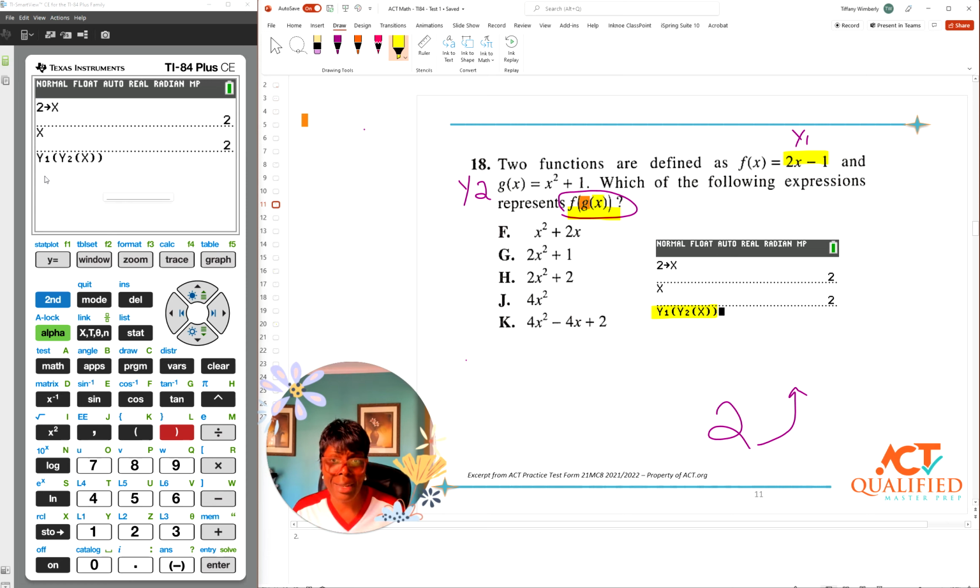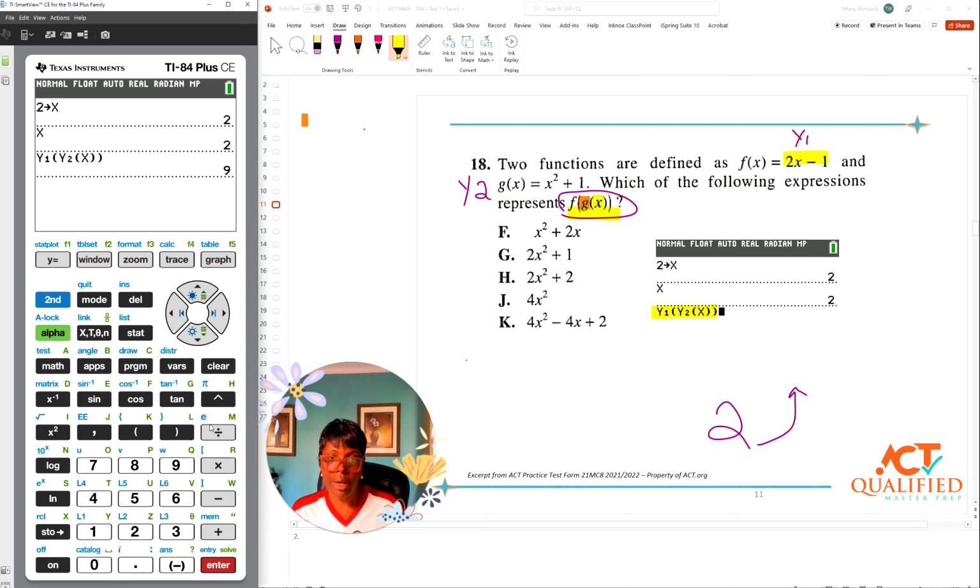So when I select enter here, I am going to get a value, which is 9. So basically, f of x, 2x minus 1, and g of x, x squared plus 1, is equal to 9 when I am saying f of g of 2, because that's what this really is, f of g of 2, because I have stored 2 into x.